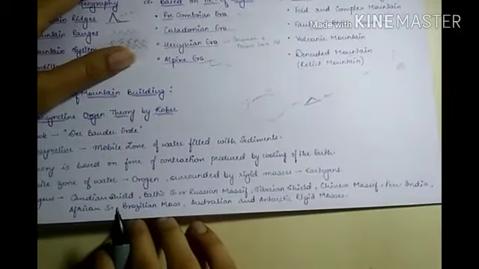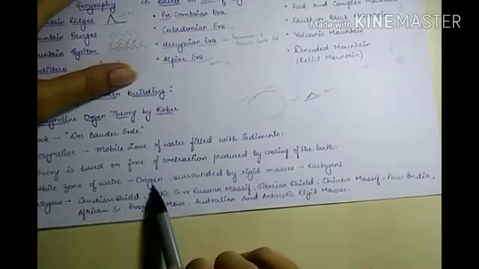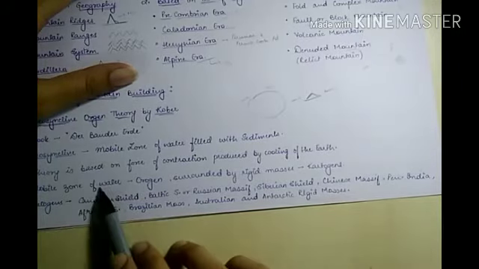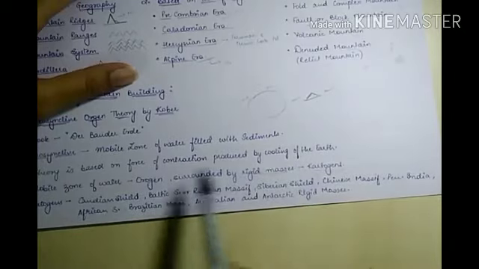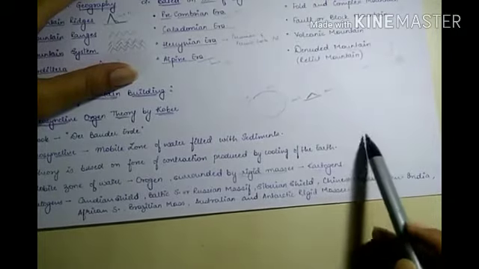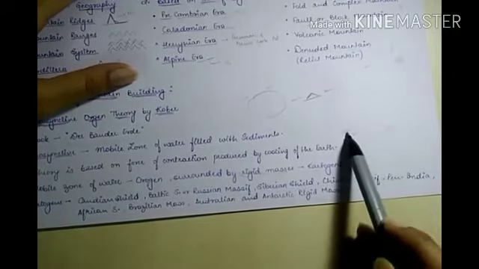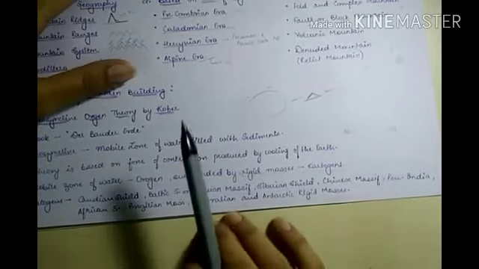There are two terms used in this theory. First is orogen and second is cratogen. Orogens are mobile water zones, that is geosynclines, and cratogens are the rigid masses. We studied geosynclines and rigid masses in our previous lectures. Around those geosynclines we have rigid masses, and these are known as cratogens.